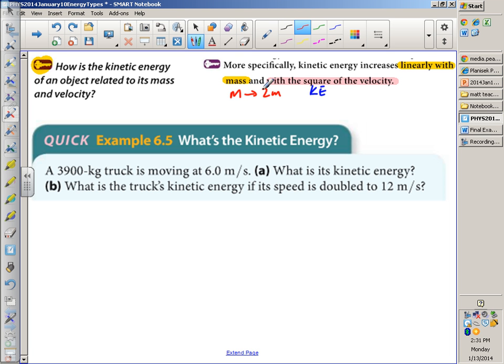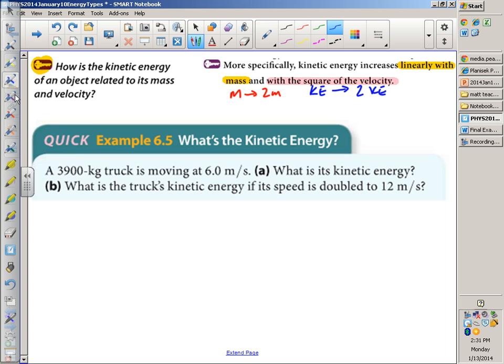If it's you, I put a backpack on you that is just as heavy as you are. What we would find is that the kinetic energy would also become twice as big. If we double the mass, we double the kinetic energy. That's a linear, or we might also call it what kind of a relationship? A direct relationship, right? One goes up, the other one goes up by the same factor.